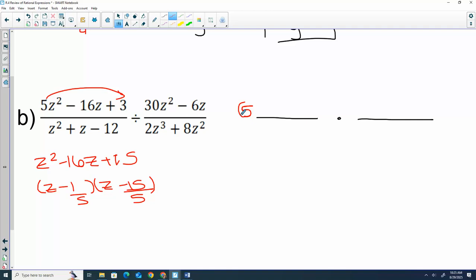So we get 5z minus 1 and z minus 3. Denominator, what multiplies to negative 12 and adds to positive 1? Positive 4, negative 3.